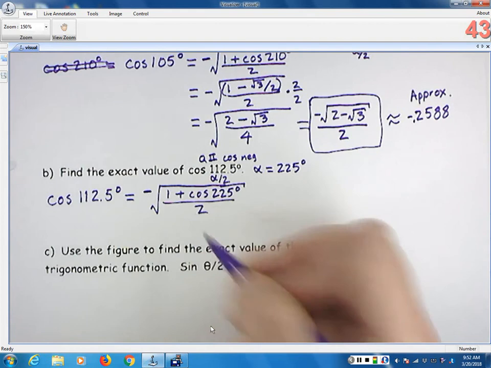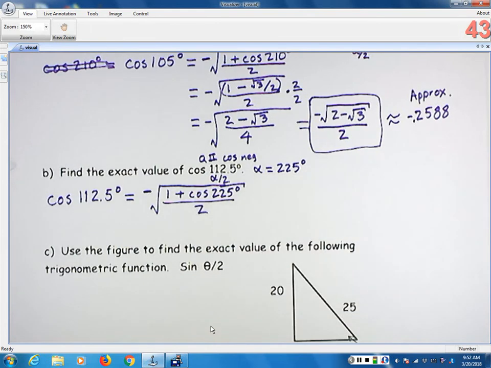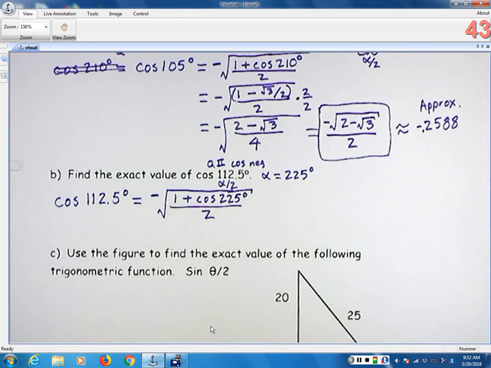That's the formula. Where did you get the 225? Well, I took 112.5 and multiplied by 2. And 225 is one of those angles that we could find very easily.